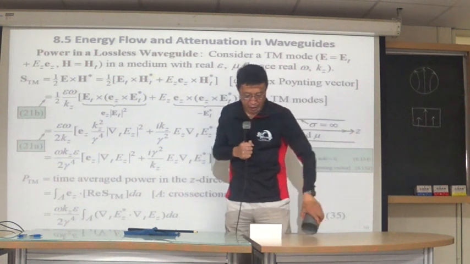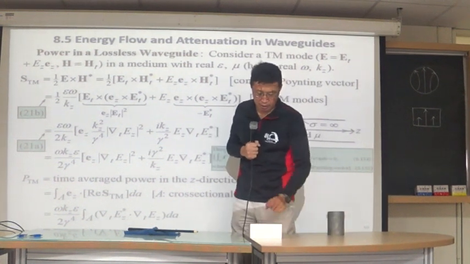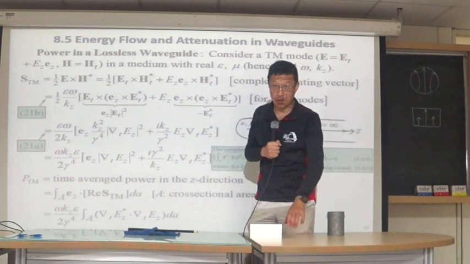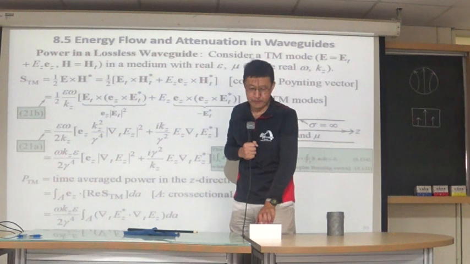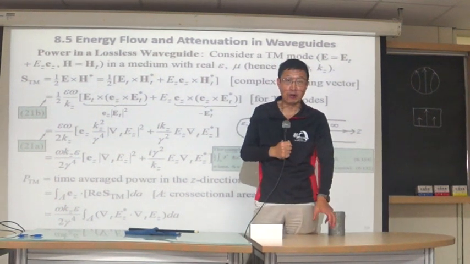For example, if I have two waveguides, one is a rectangular waveguide, the other is also a rectangular waveguide, and we have material epsilon 1, material epsilon 2.